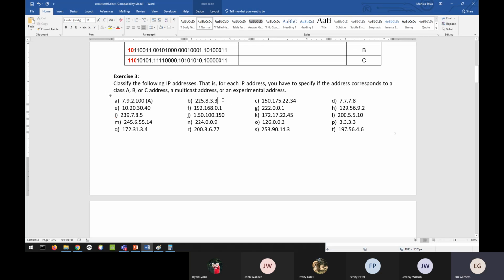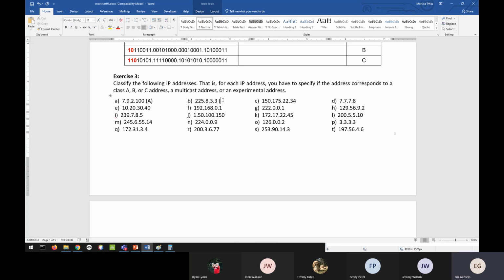This is what? It has to be less than 127. No. The range, this is multicast because it is between 224 and 239.